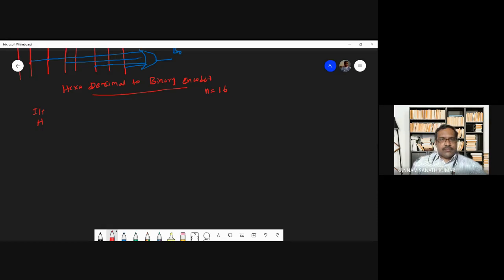So for the hexadecimal number, the radix is 16. So this is equal to 2 power m. We have seen in the encoder that 2 power n equals 2 power m. This is the relation between the input and output.